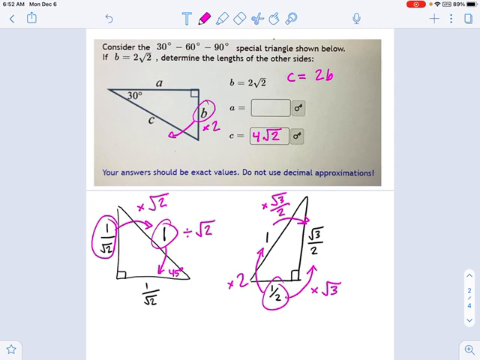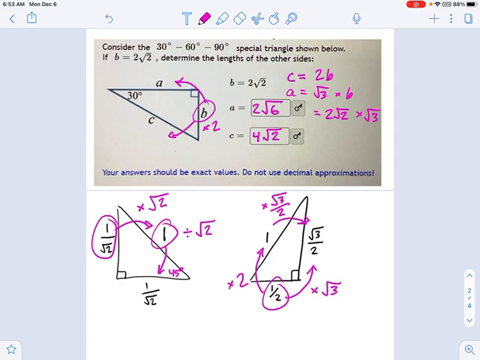And if I want to go to the long leg, this medium side right here, then I have to multiply by square root of 3. So that's going to be square root of 3 times the short side, which is 2 square root 2, times square root of 3, the ratio, which gives us 2 square root 6.